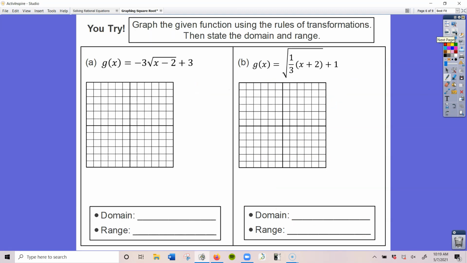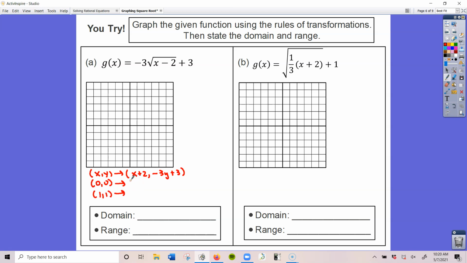Here we have g of x is equal to -3 square root of x minus 2 plus 3. So let's write out our transformation rules. The rule for the x would be x plus 2. And the rule for the y would be -3y plus 3. We use our reference points 0, 0, and 1, 1.